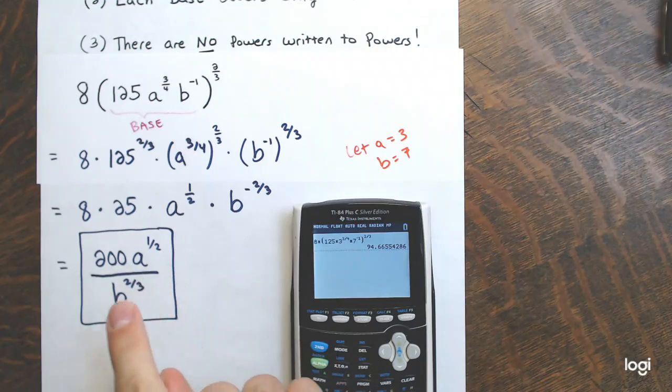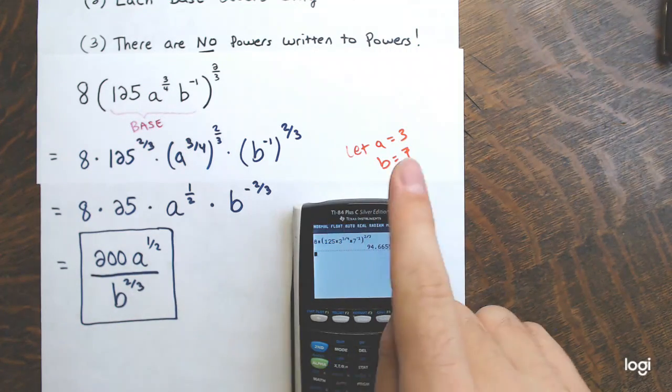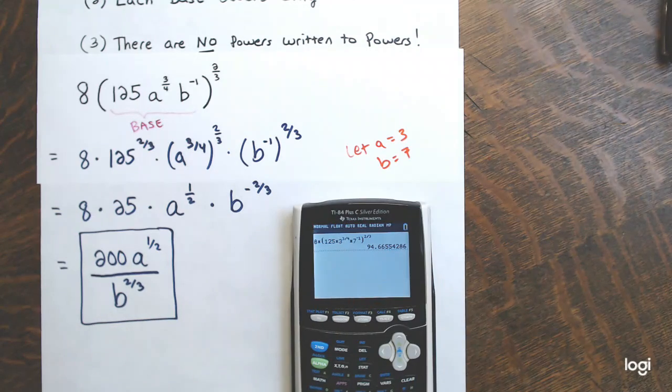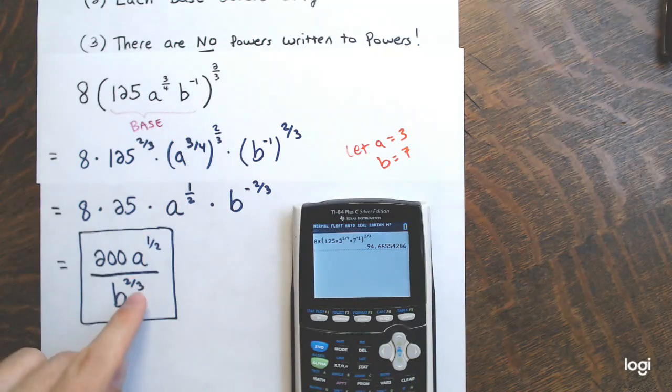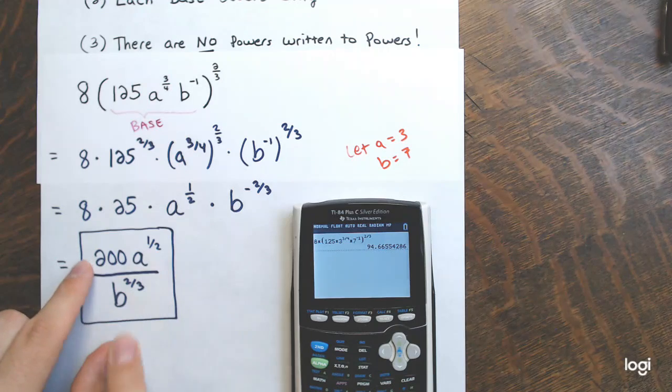And let's go down to our expression down here and punch in 3 for a and 7 for b and see if we get the same number. We better, right? If this is truly equal to this, and again, you can do this with other examples I had with variables in it, replace your variables with some positive numbers and see, are these truly equal? So now be careful, right? This whole thing is the numerator, so I'm going to put that in parentheses.